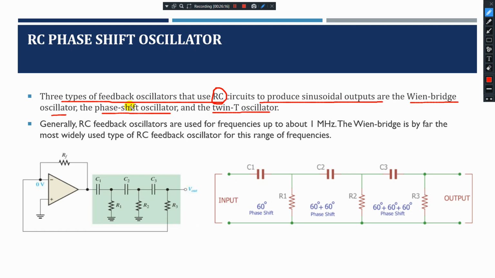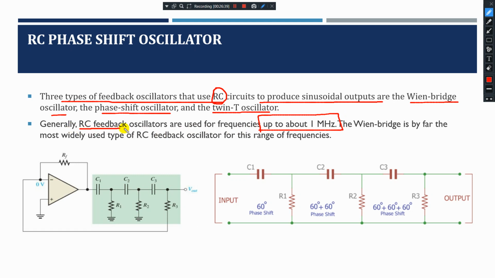So the feedback oscillators that use RC circuits are the Wien bridge oscillator, phase shift oscillator and twin T oscillator. Generally, RC feedback oscillators are used for frequencies up to 1 megahertz. You have to remember this, it's very important.